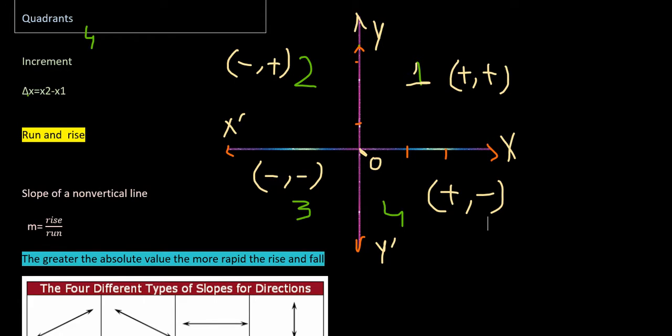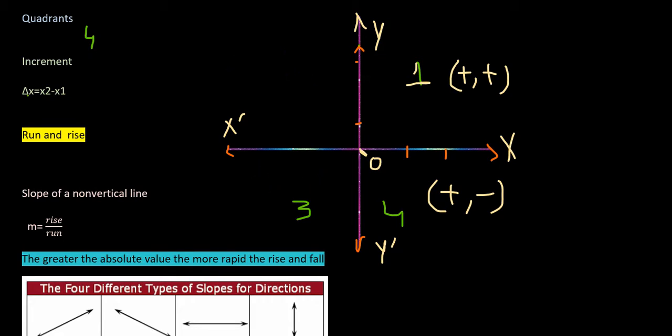Now I'm going to introduce a new property, also called increment. Let me erase these so that I can draw another figure over here. Increment. So what is an increment?